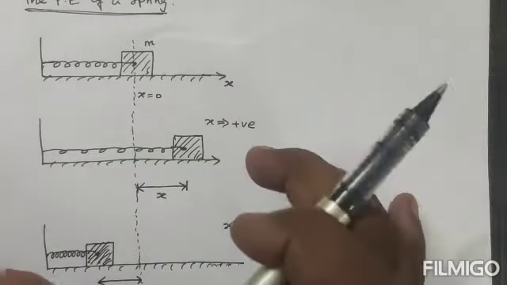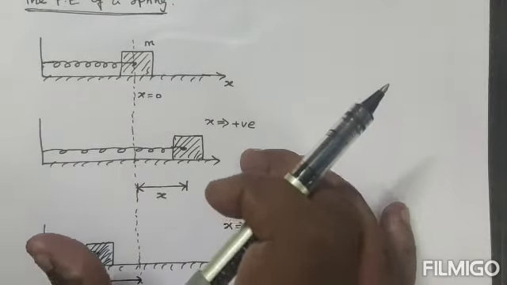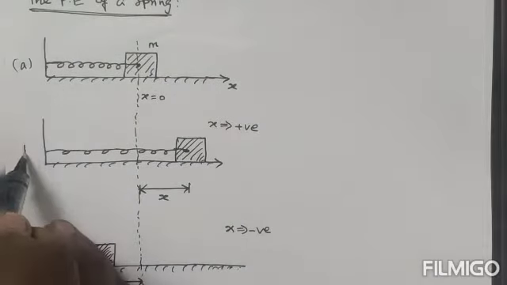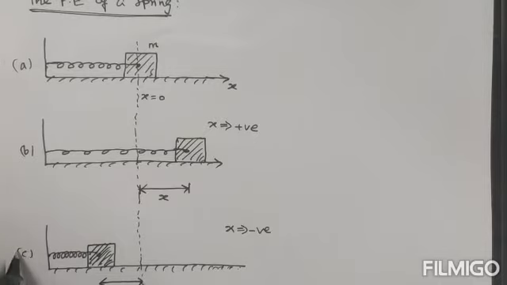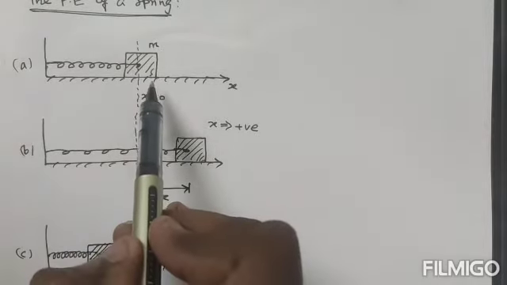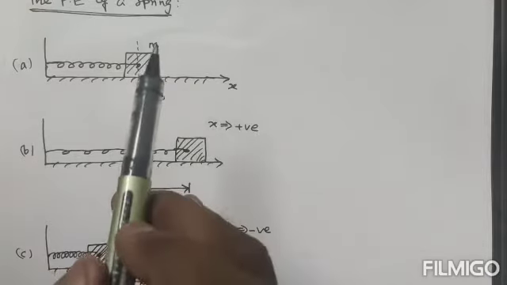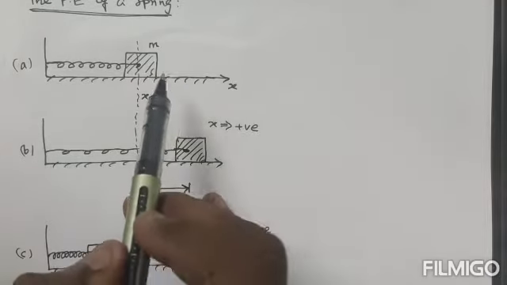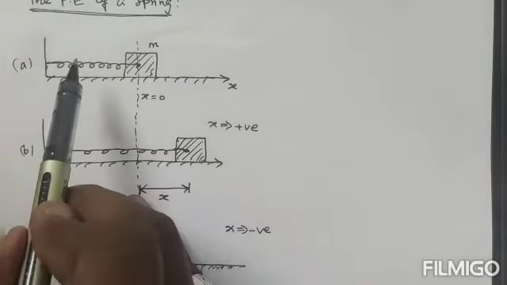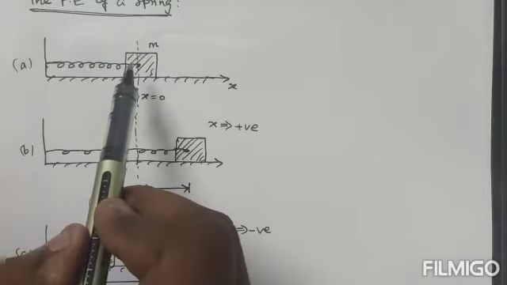So in these cases we have diagram A, diagram B, diagram C. In the first diagram, diagram A, we didn't apply any external force, so it maintains the equilibrium and the spring is not stretched.